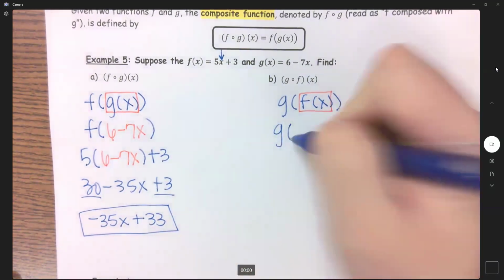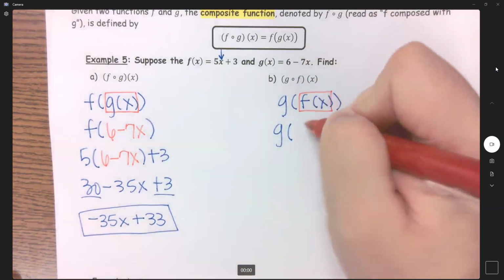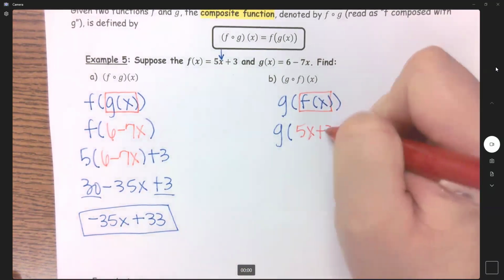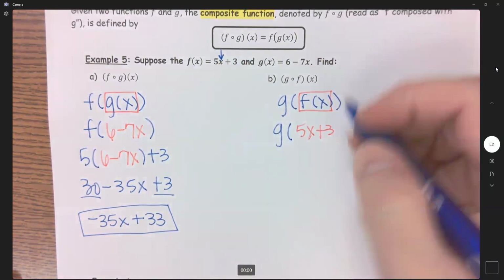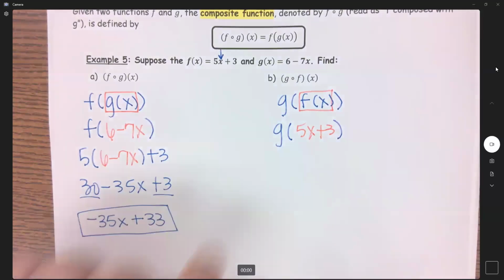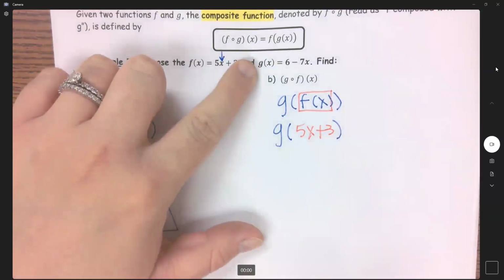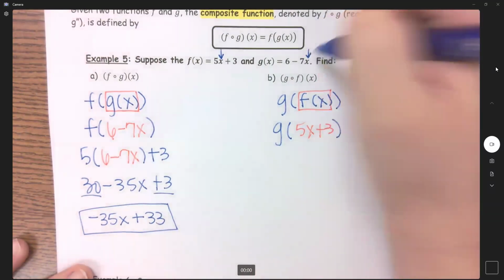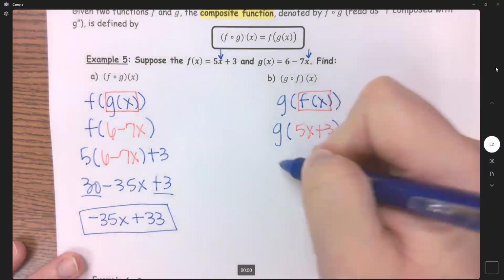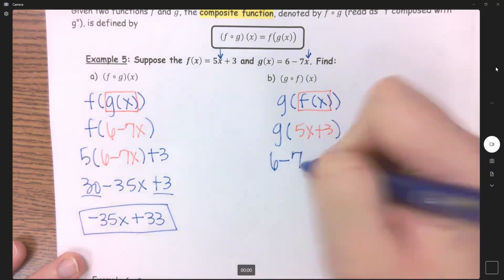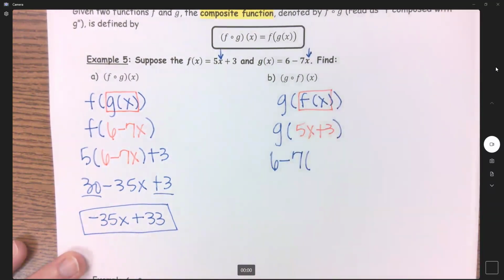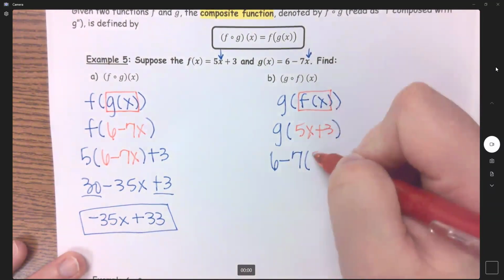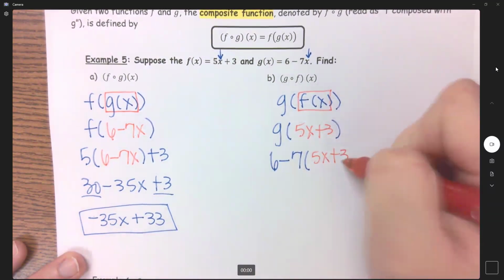So we have g of 5x plus 3. Now I'm going to go to my g of x function, and whatever is in parentheses, we are replacing this x with. So we have 6 minus 7 times what we have in parentheses, 5x plus 3.